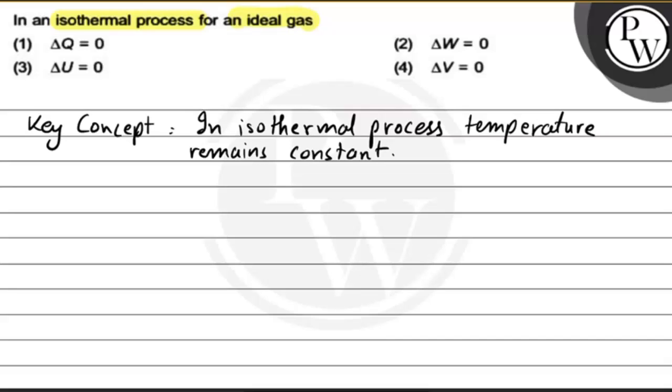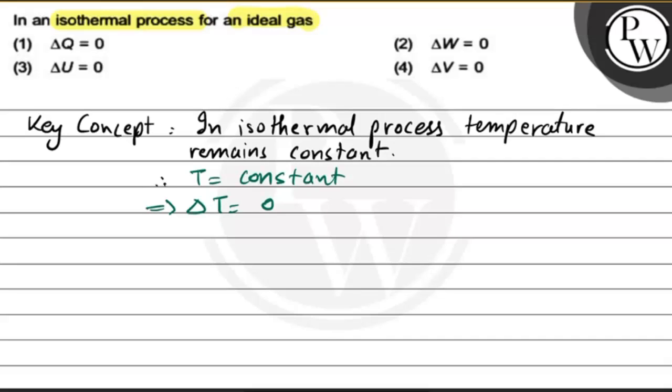Okay, that is therefore T is equals to constant, which implies delta T is equals to 0. There is no change in temperature.